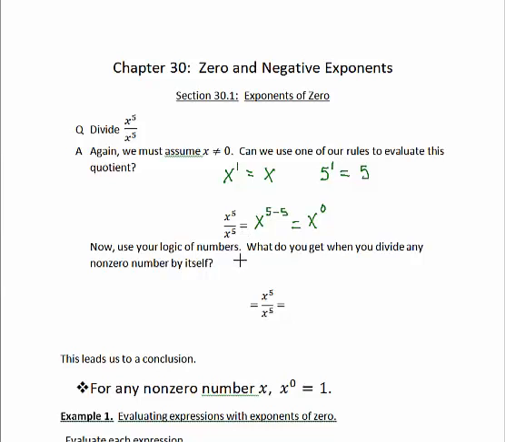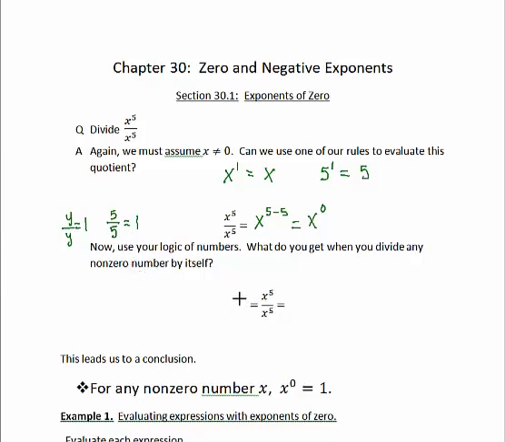So what do we get when we divide any non-zero number by itself, which is what's happening here? We're taking x to the fifth and dividing it by itself. This is similar to taking the number 5 and dividing it by itself: 5 divided by 5 is 1. If we had a variable y divided by y, we get 1. Anything divided by itself is 1, except for 0.